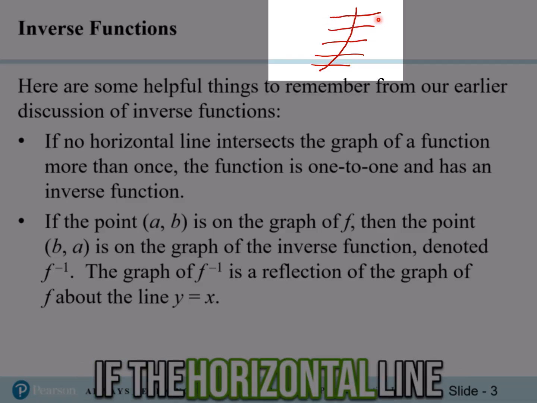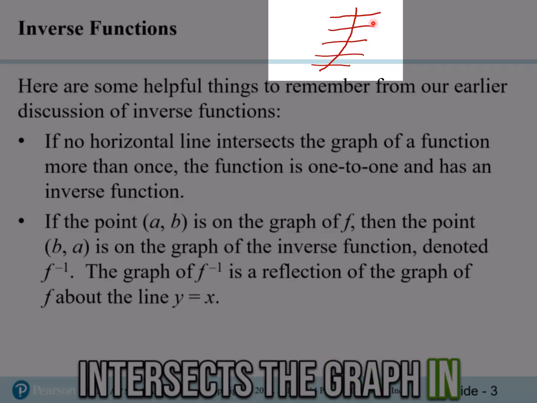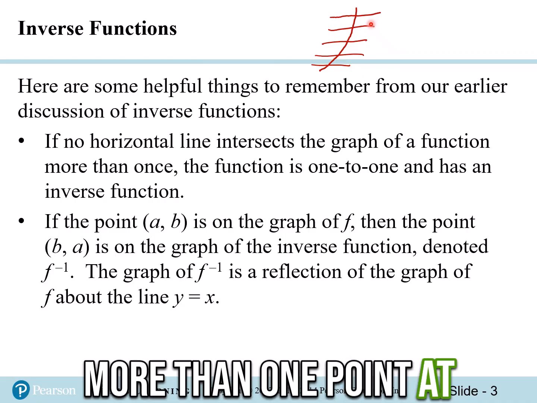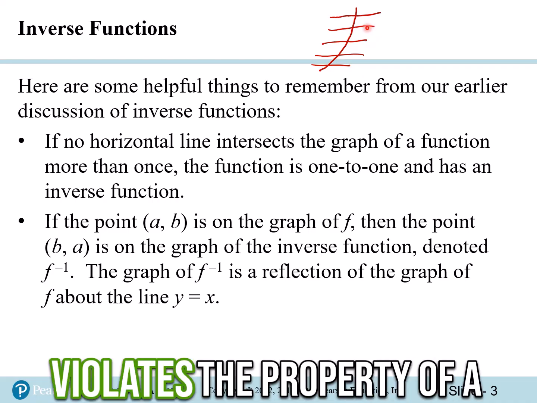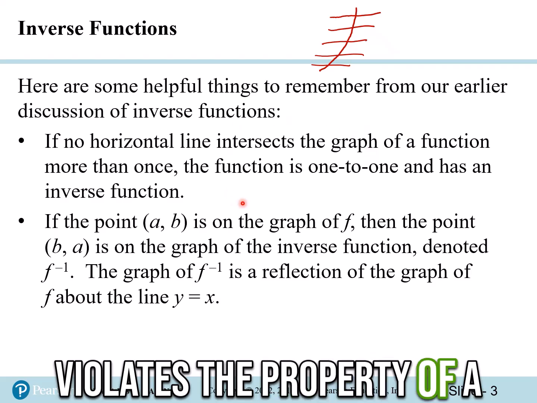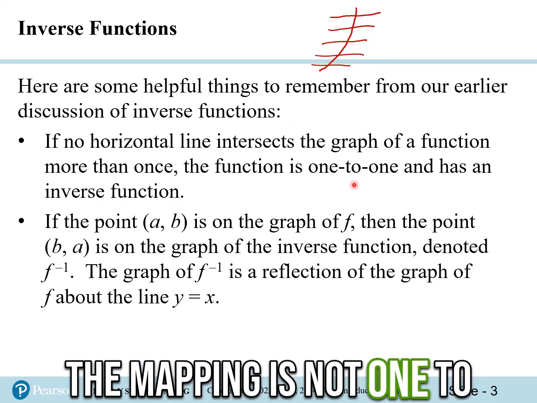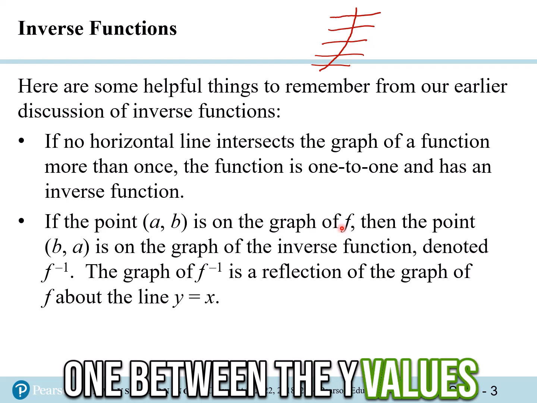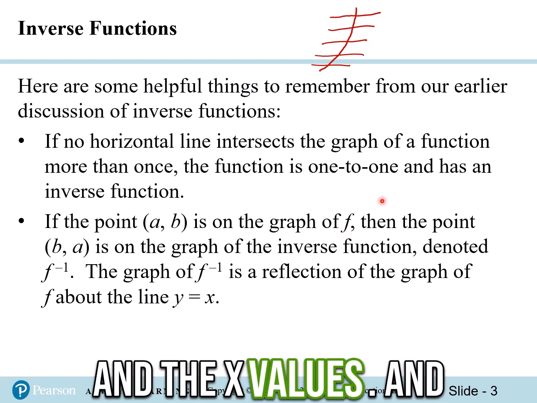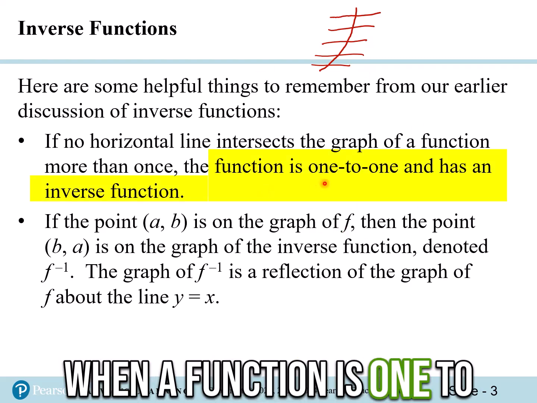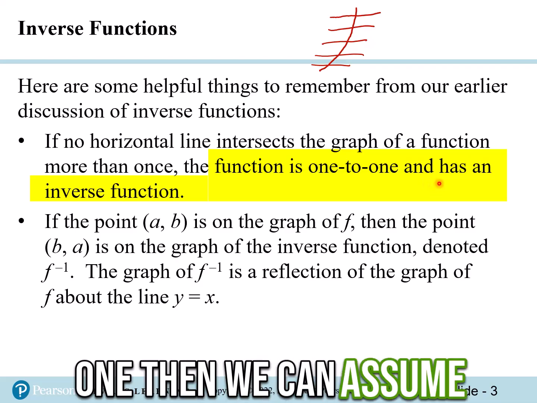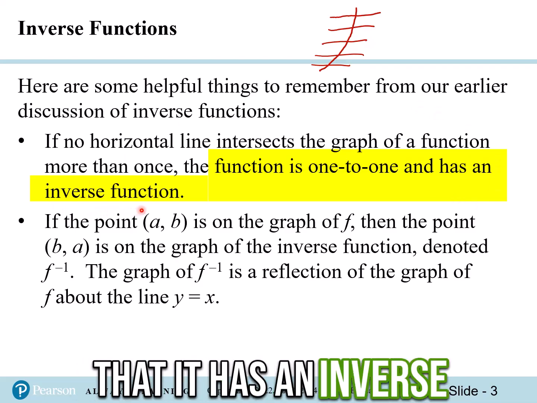If the horizontal line intersects the graph at multiple points, then it violates the property of a function, which is that the mapping is not 1-to-1 between the y values and the x values. And when a function is 1-to-1, then we can assume that it has an inverse function.